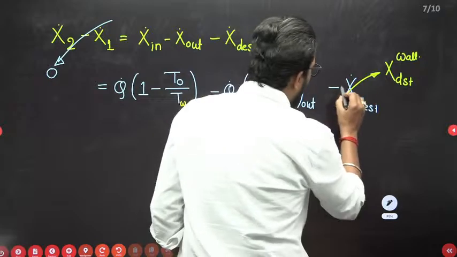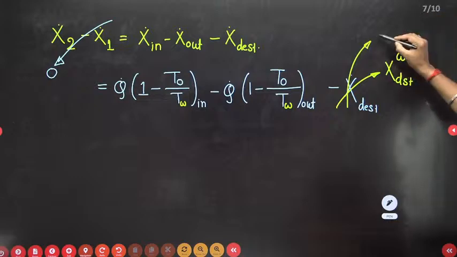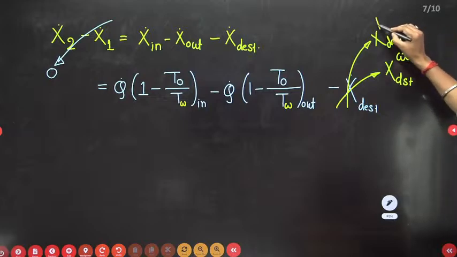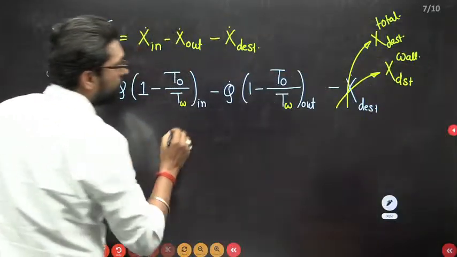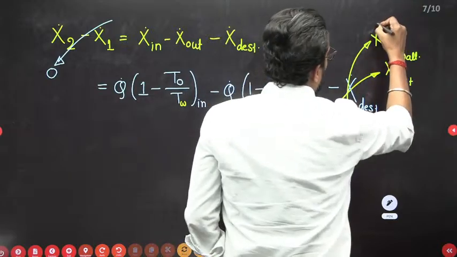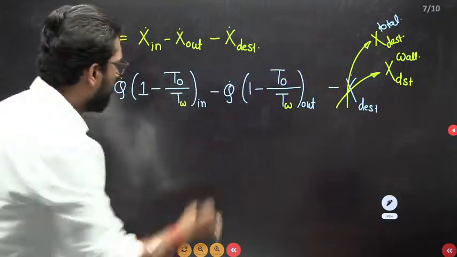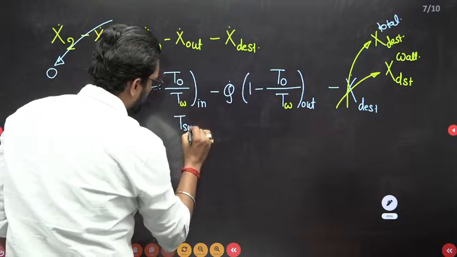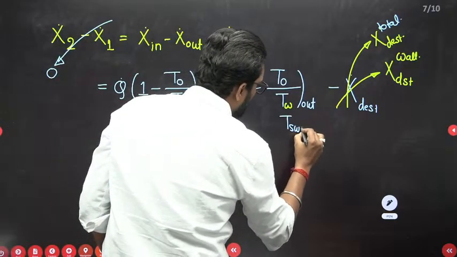Now if we have total exergy destroyed, we have to put here T of surrounding in and T of surrounding out.